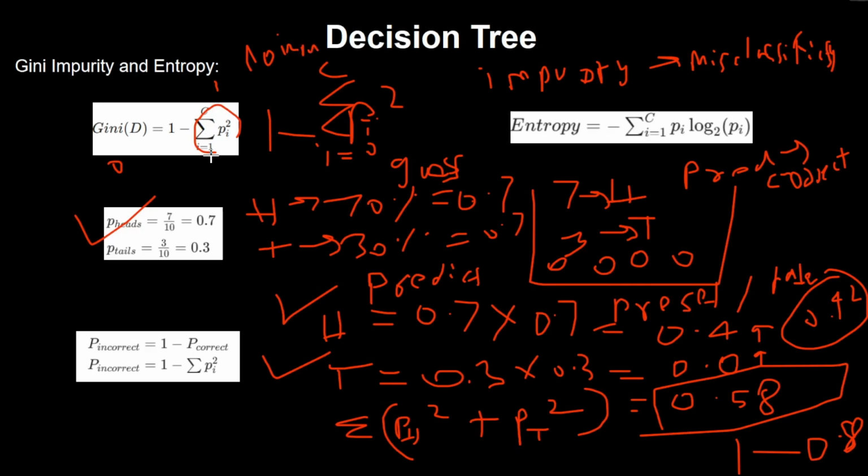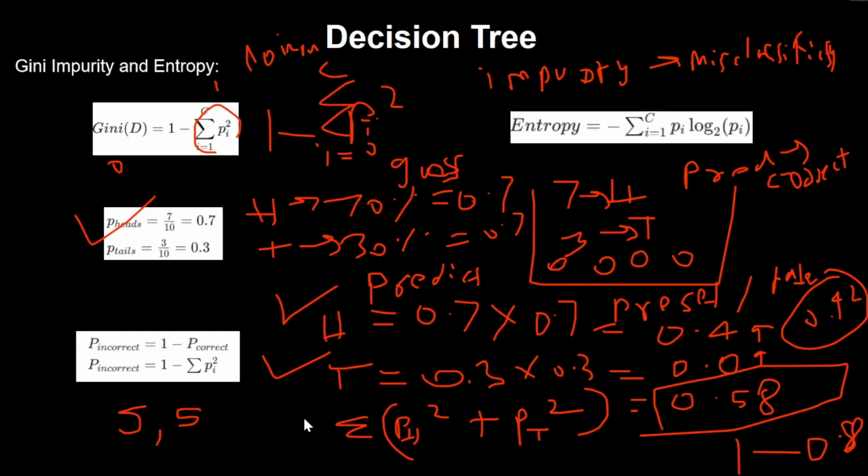In the other case, let's say we have 5 heads and 5 tails. The correct guess probability would be 0.5 squared plus 0.5 squared.